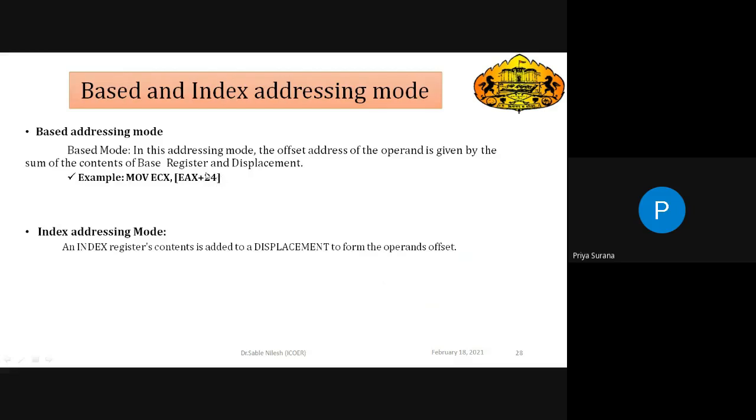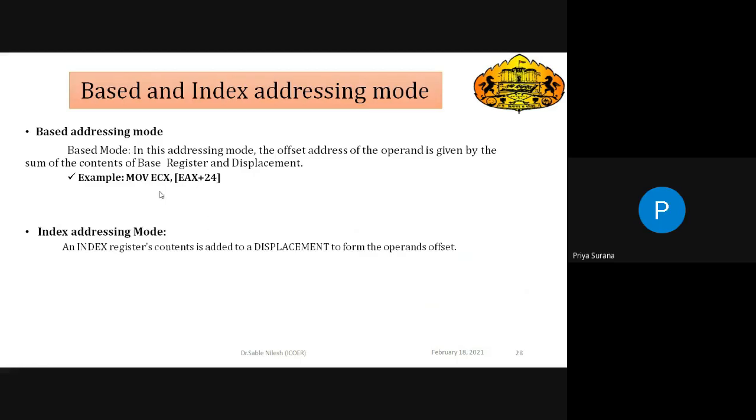So this addressing mode we can call base addressing mode. Remember the basic thing, it may be called base plus displacement. Basically this addressing mode name is base addressing mode, but remember here displacement will be added with the base register content and then data will be taken.